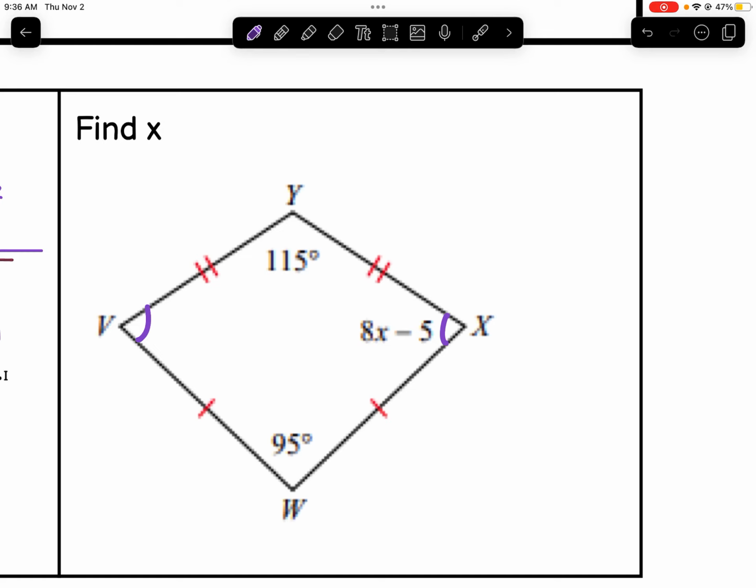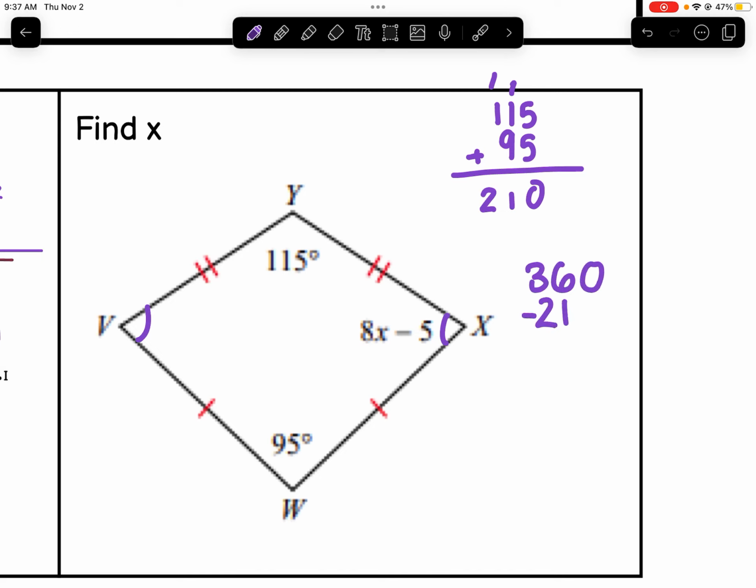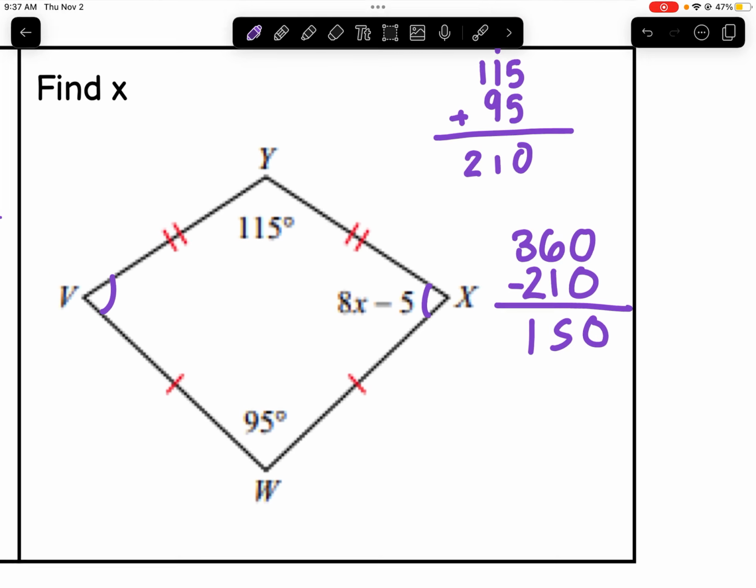If we know all the angles add up to equal 360, we're going to add the two angles that we have, 115 and 95, and we get 210 degrees. Now we are going to subtract that from 360. 360 minus 210, we end up with 150.